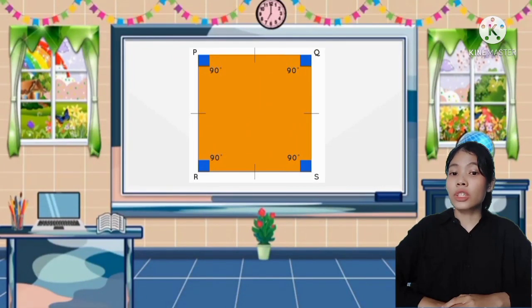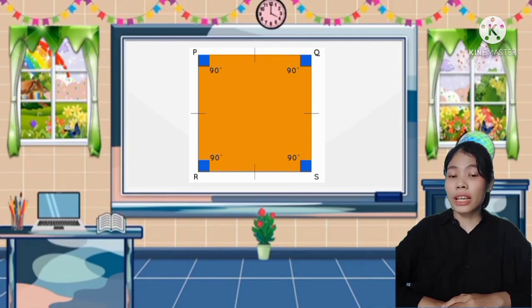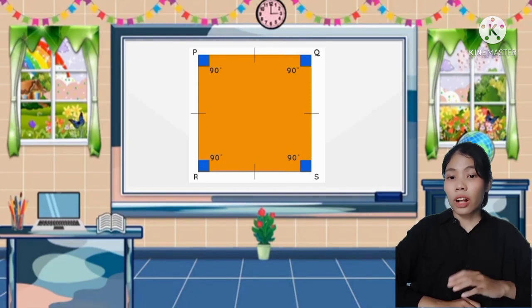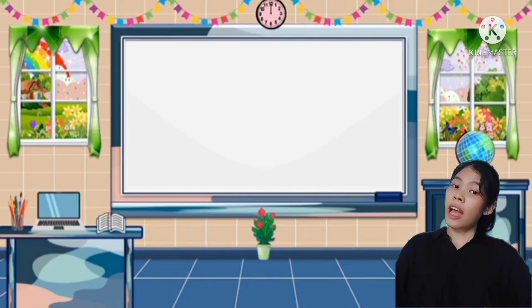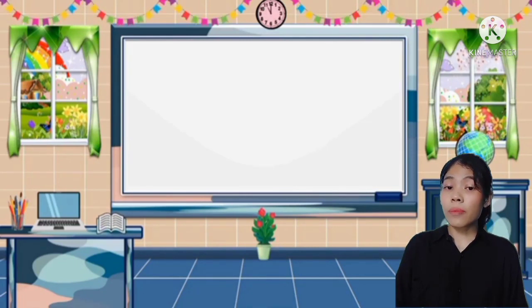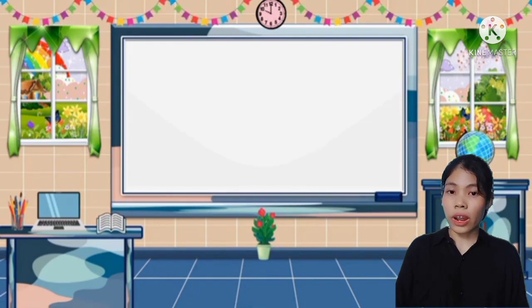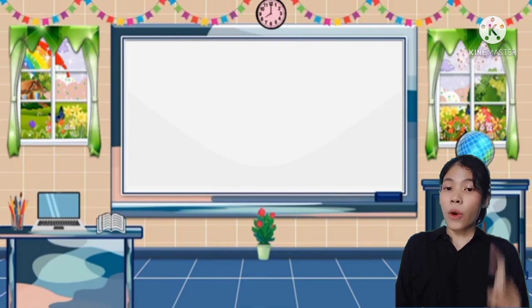A square is a quadrilateral in which the opposite sides are parallel, all four sides are equal, and all angles measure 90 degrees. Some of the important properties of a square are given below. 1.